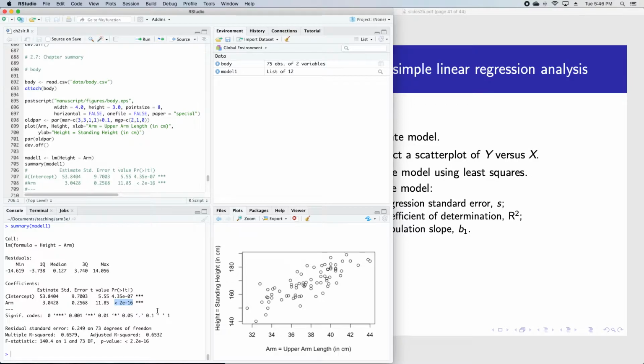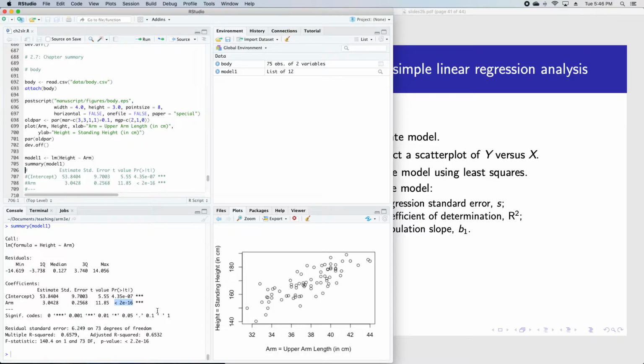And so at a 5% significance level, I would reject the null hypothesis in favor of the alternative that the population slope is not 0, and conclude that there is a linear association between these two variables.